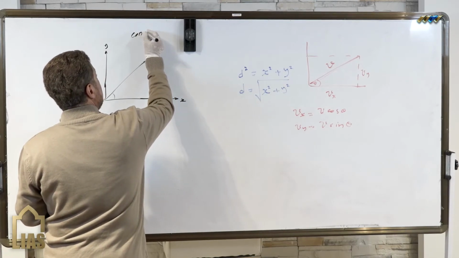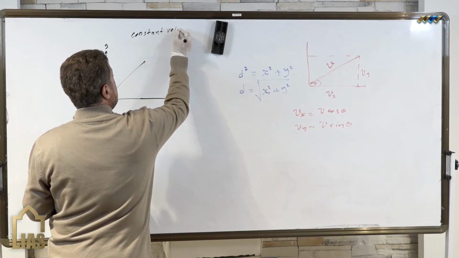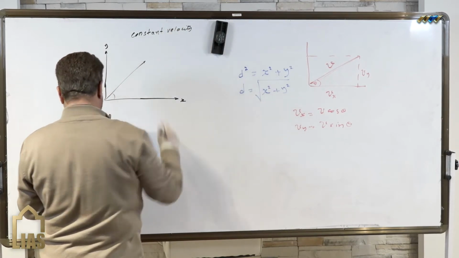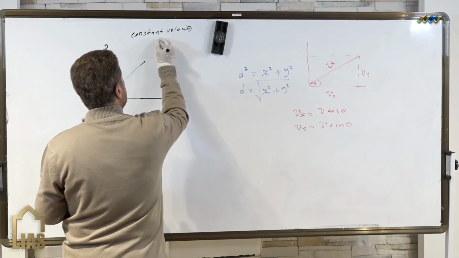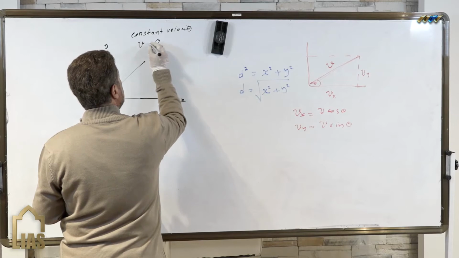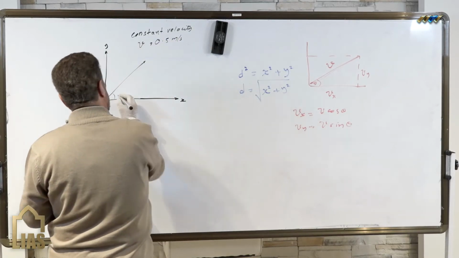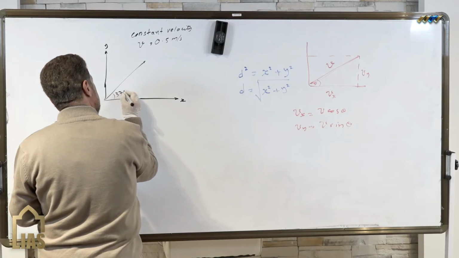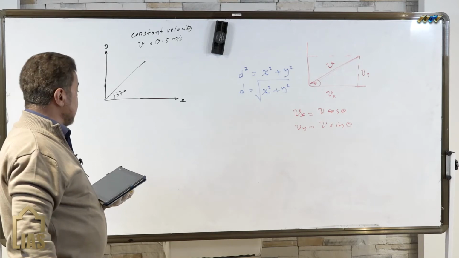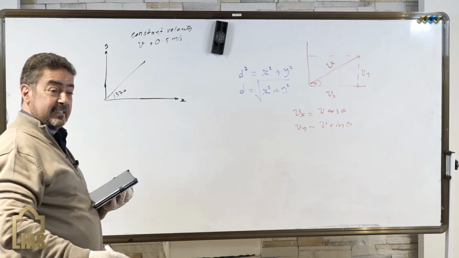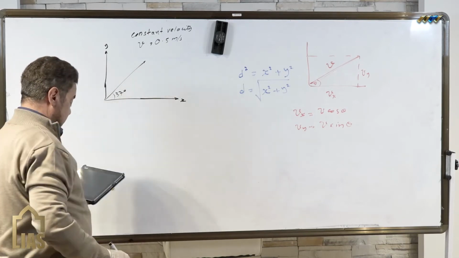Remember the word constant velocity, of 0.5 meter per second at 37 degrees, this is the angle, relative to the x-axis, that means it's from the x-axis.